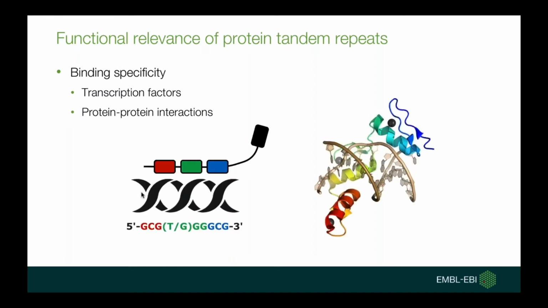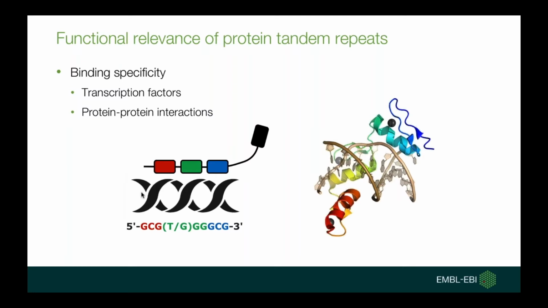To give you an example, this is the epithelial growth factor transcription factor, and we can see that the DNA binding region is formed by 3 tandem zinc finger domains.